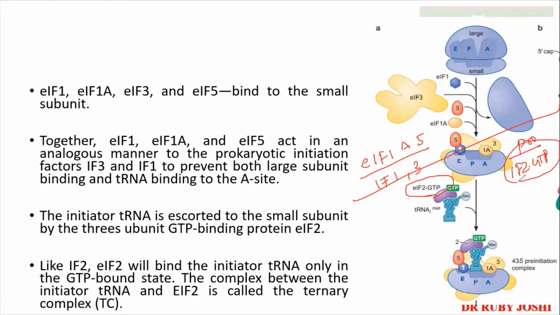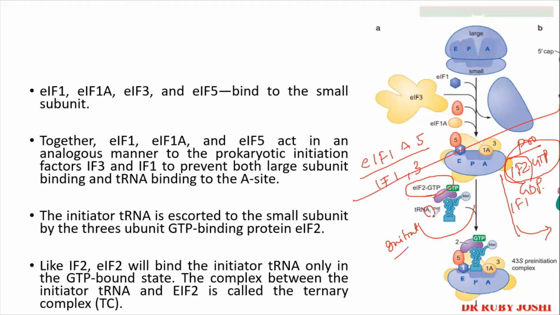So, जिसका hydrolysis was making sure that IF1 is released, okay, and it becomes GDP then. So when it is GDP, it loses its affinity, okay, and then IF2 is also released.